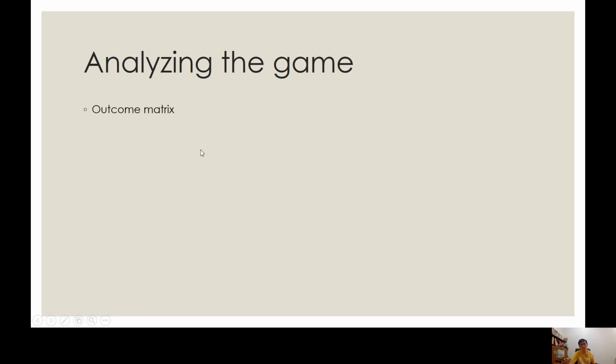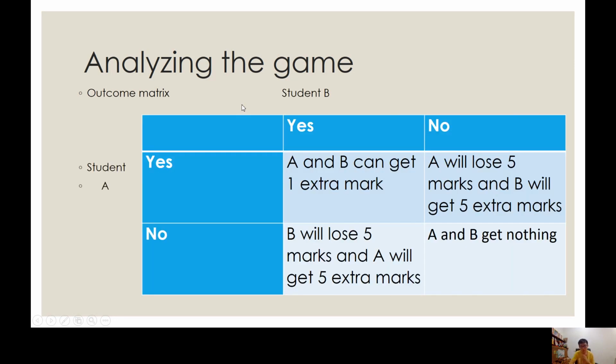Then we can start to create an outcome matrix for the game. Okay, the table above clearly shows the outcomes for the 2 players.